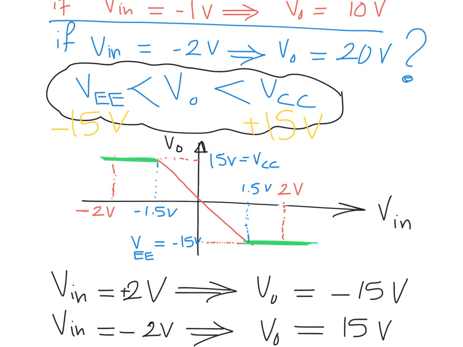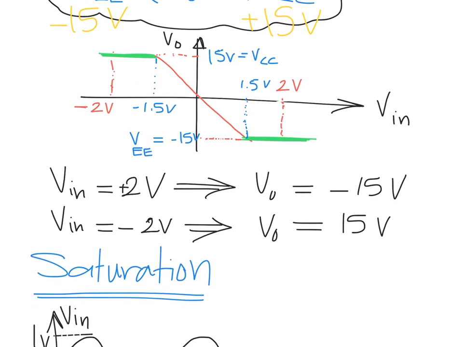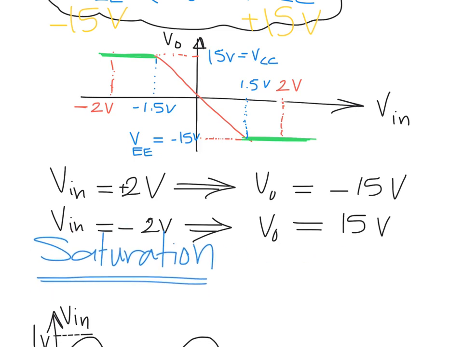So again, here if we have Vin equal 2 volt, Vout will be minus 15 volt, not minus 20. If Vin equals minus 2 volt, Vout will be just 15 volt and not 20. This is again the saturation.